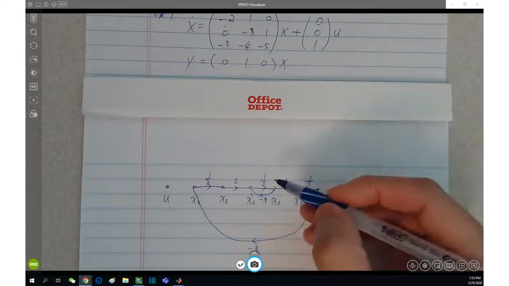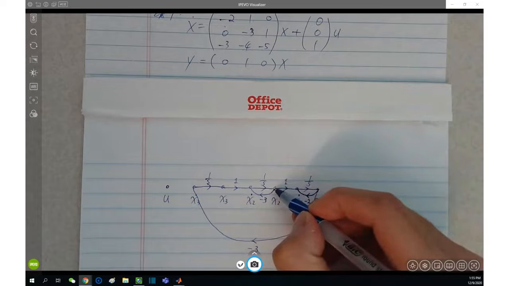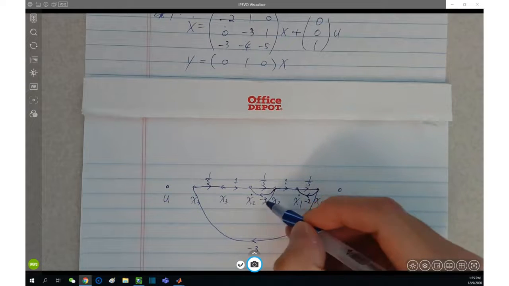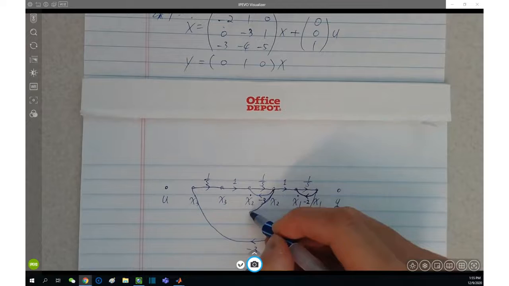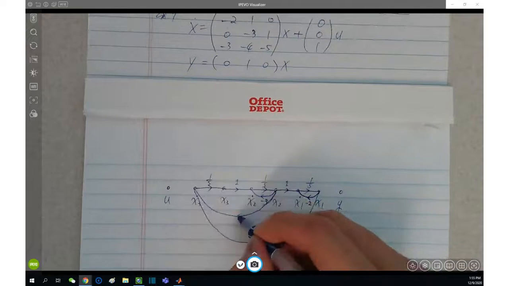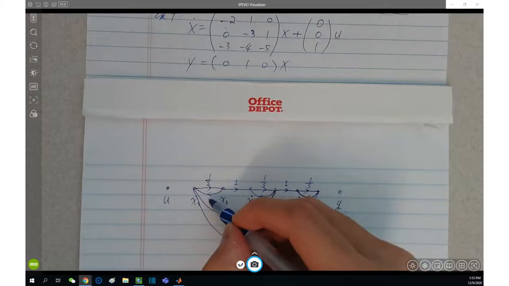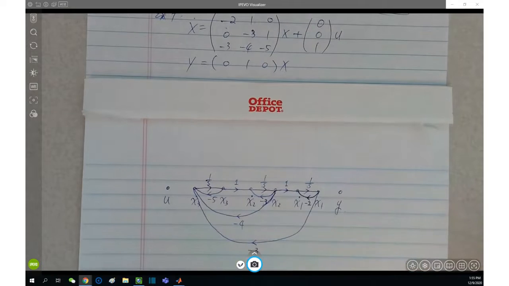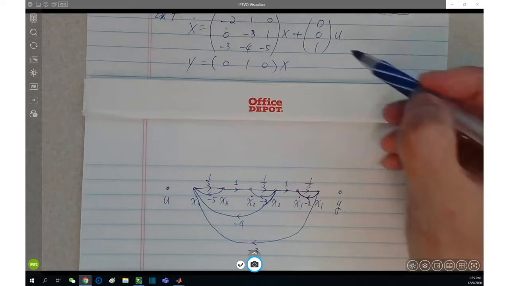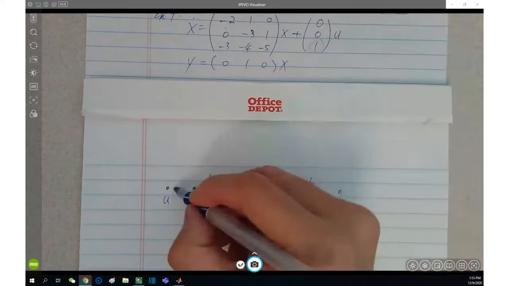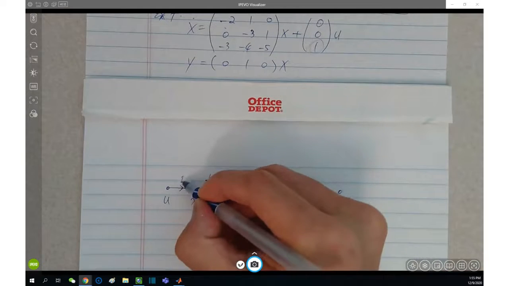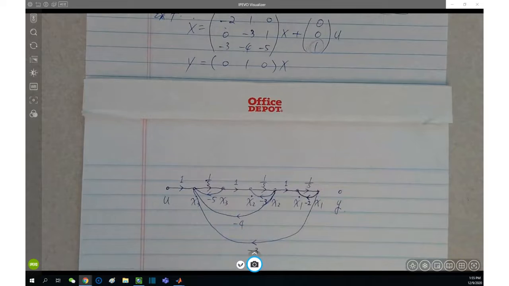So x2 here is -3... x3 here is -5. And don't forget you have 1 contribution from the input. So we are done with the state equations.